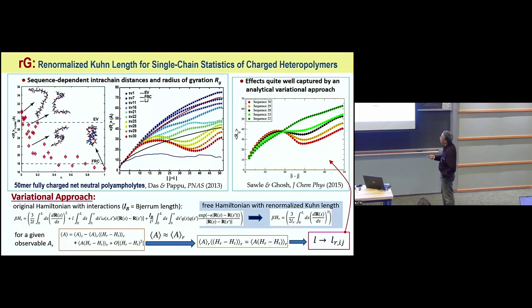You first write down the full Hamiltonian with the electrostatic interaction, but then you assume that it can be written in this form, just like a Gaussian chain without the electrostatic interaction, but with a renormalized Kuhn length, and then you use a variational method to approximately determine this renormalized Kuhn length. So the Kuhn length goes from l to this renormalized Kuhn length, which depends on the sequence, and of course depends on the conditions of the experiments and so on.